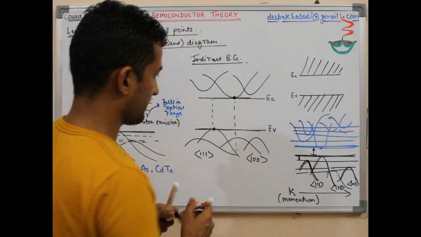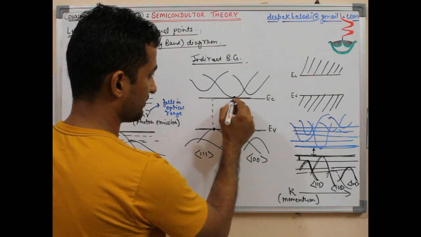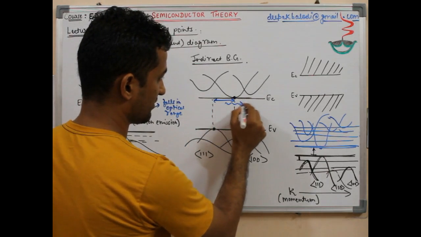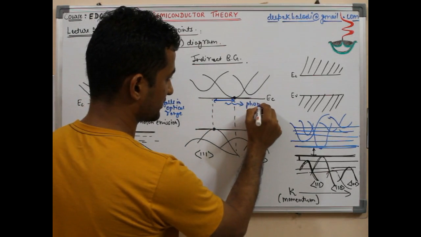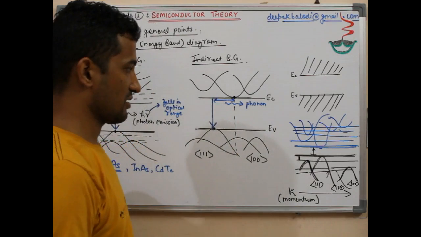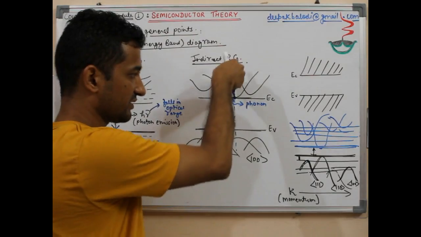So if a recombination has to happen, this difference has to be emitted as a phonon.